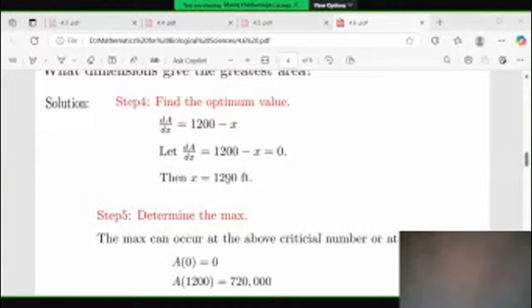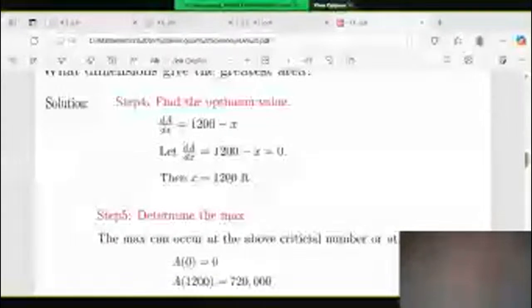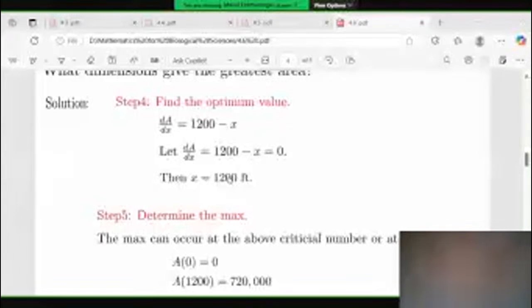Okay. So at this point, we have an optimum value for the area, a local extreme value. It could be a maximum, it could be a minimum. We don't know. We need to check whether it is a maximum or a minimum.